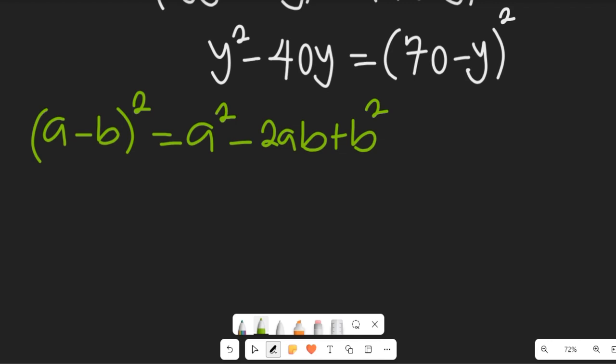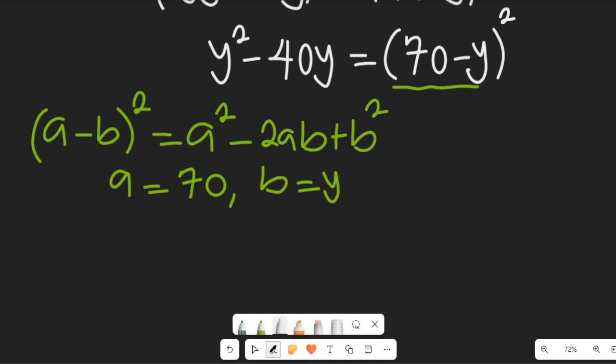So if we compare it with this, we find out that a is equal to 70 and our b is equal to y.